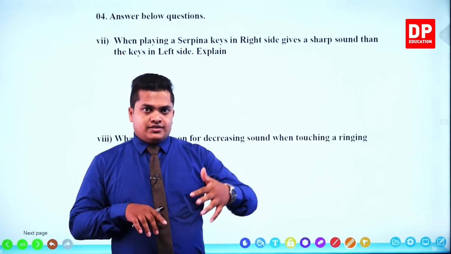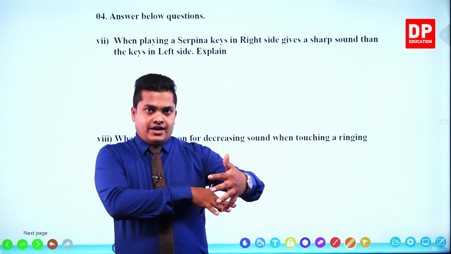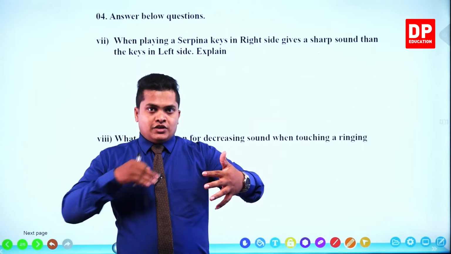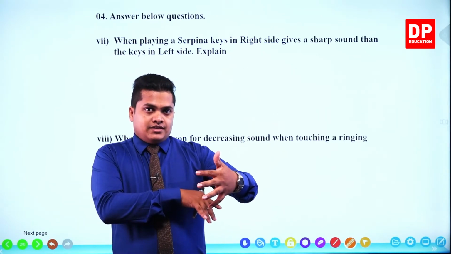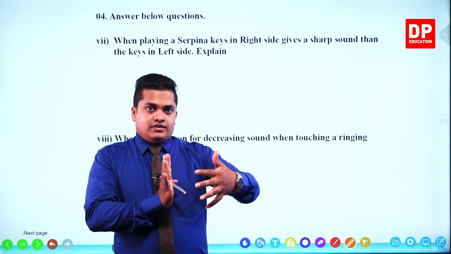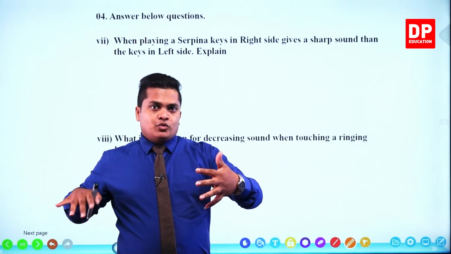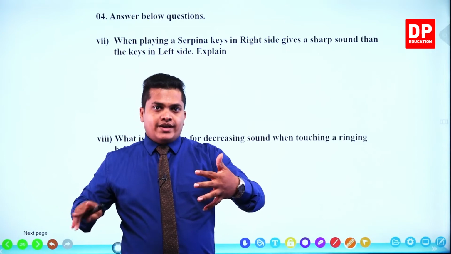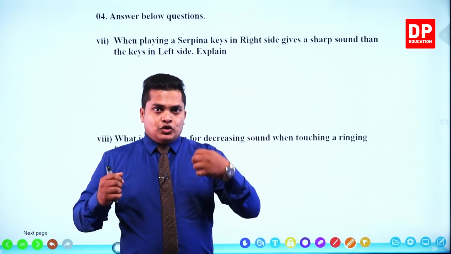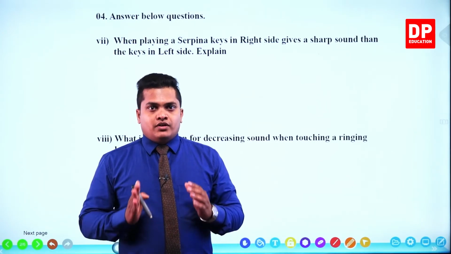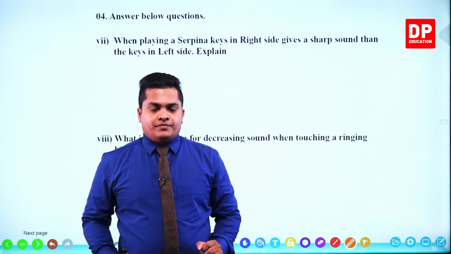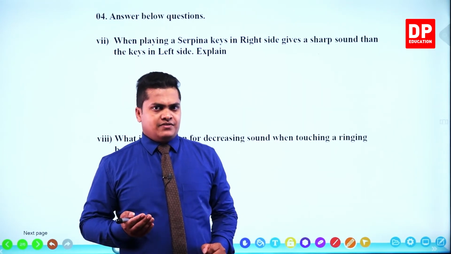If you play the serpina like this, left hand keys, right hand keys, the left hand keys do not give that much of a sharp sound, but when you tap the right hand keys, they give out a very sharp sound. So we will see what is the reason for this.